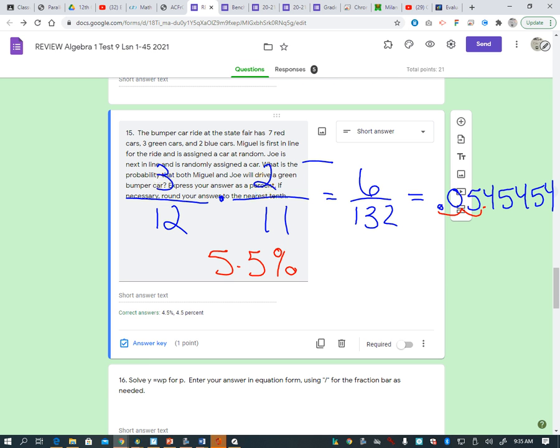That's backwards. Okay. Well, I'm only as good as the information I'm given. So 4.5%, because the 4 isn't going to round the 5 up. Okay? We got it now?